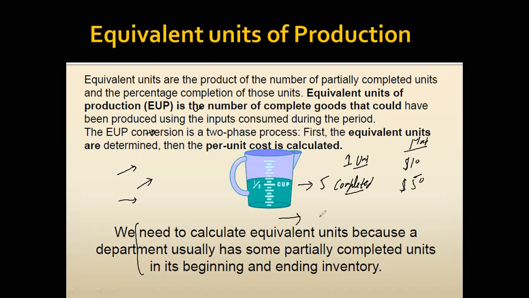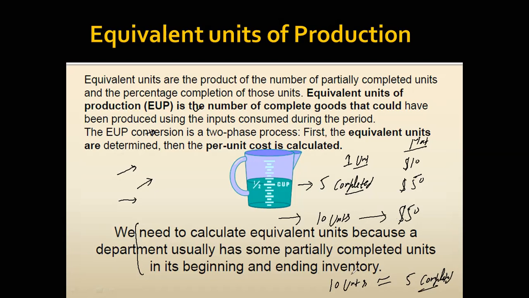Assume that, students, I have 10 units which are partially completed, but I have spent say $50 material cost on these. Here I can conclude that these 10 units are equivalent to 5 completed units. Why do I make this statement?